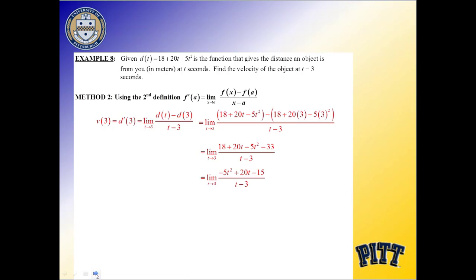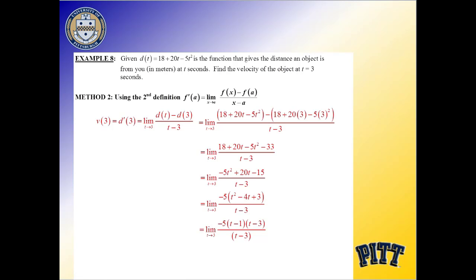So I look at the top, do some rearranging and simplifying, and I get negative 5t squared plus 20t minus 15. I can divide out a negative 5 and get negative 5 times t squared minus 4t plus 3. And t squared minus 4t plus 3 does factor into t minus 1 times t minus 3. So now on top and bottom, I do have a quantity of t minus 3 being multiplied.